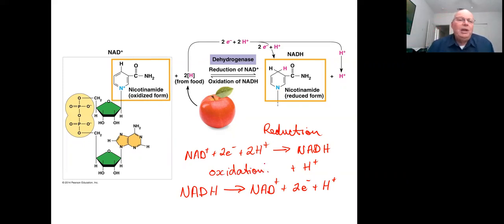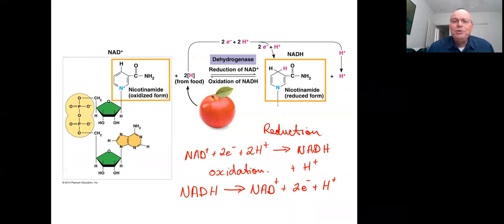And so this is how the NAD+ NADH pair act as electron shuttles or energy shuttles. The NAD+ picks up electrons in one location in the cellular chemistry of cell respiration and is reduced to NADH. And then in another location, it gives up its electrons and gets oxidized back to NAD+. And those electrons then can be used as a source of energy.